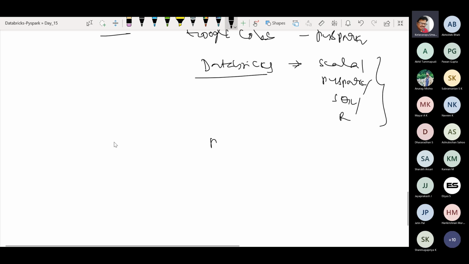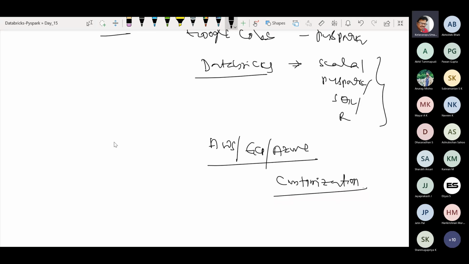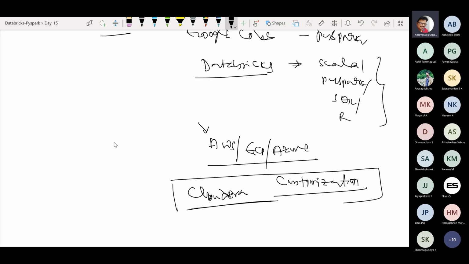Or else, nowadays we are using clusters also, guys, on GCP, AWS, and Azure, where you can customize according to your requirement, provisioning based on the requirement. Mainly we are using the Cloudera Hortonworks platform so as to handle all the Spark and all those kinds of conventions.